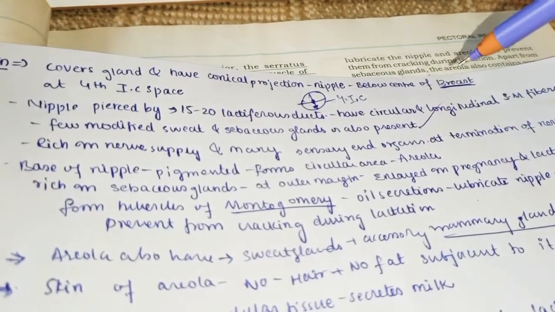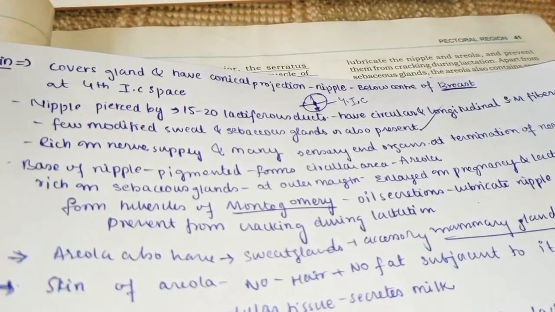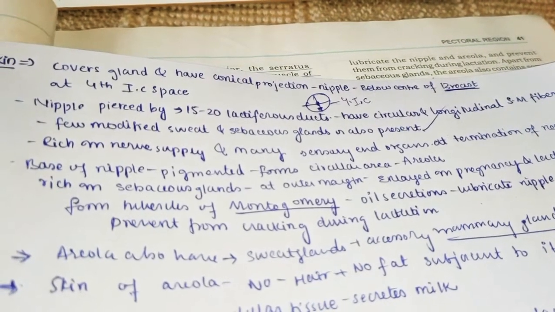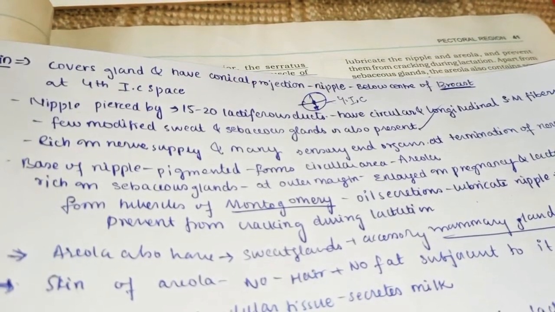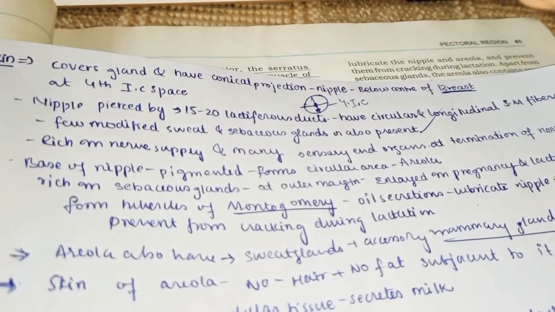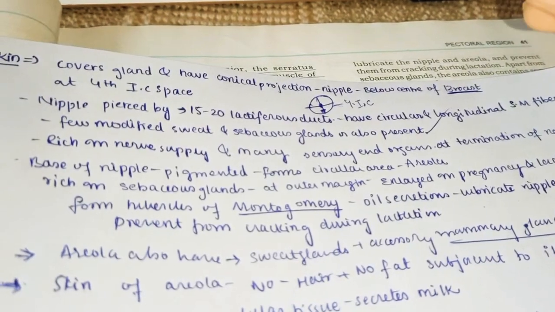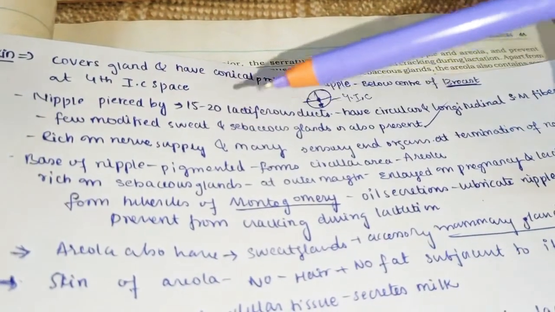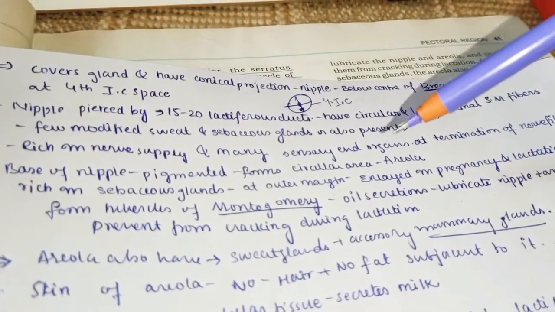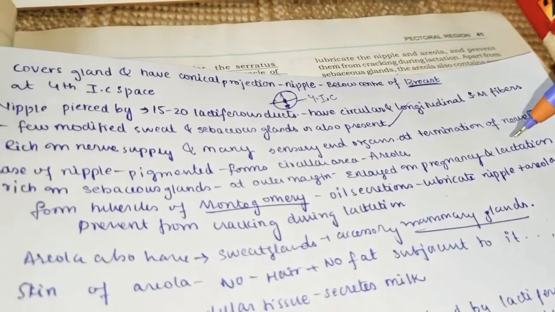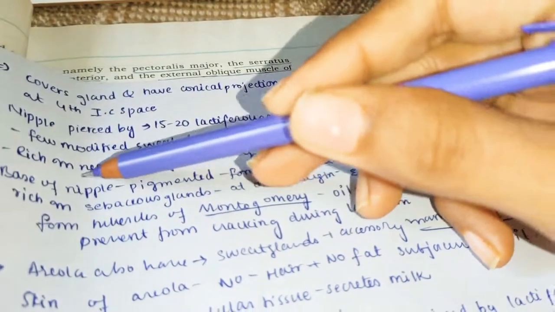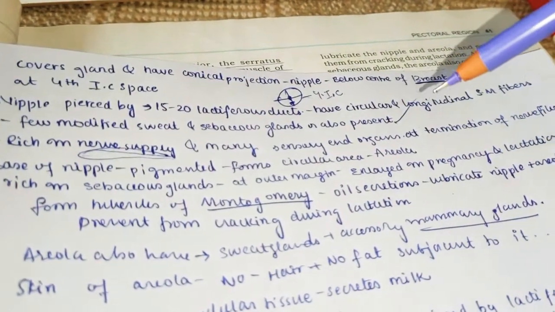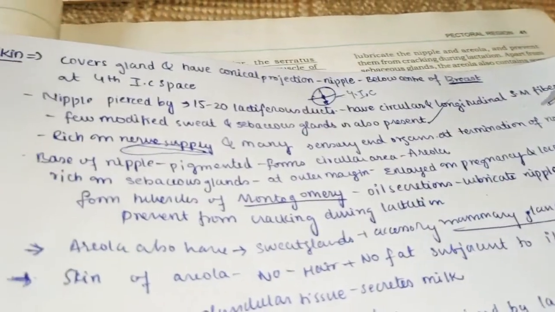This is important. Already we know the mammary gland is itself a modified sweat gland, and there are also some sebaceous glands, which produce oily secretions. It is rich in nerve supply and also has many sensory end organs at the termination of nerve fibers. So there is a very huge nerve supply and many sensory end organs at the termination of nerve fibers.